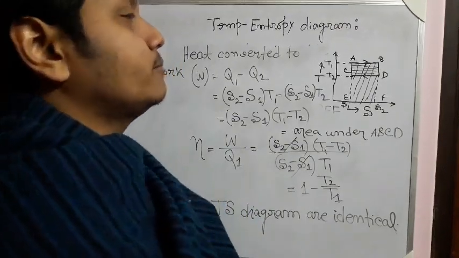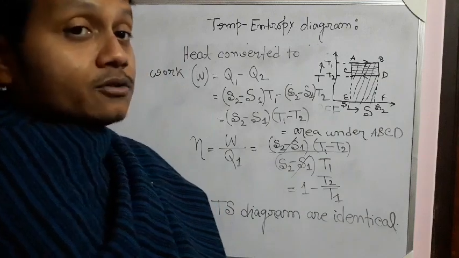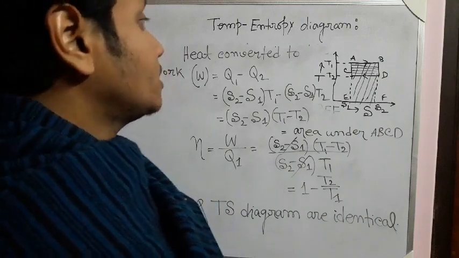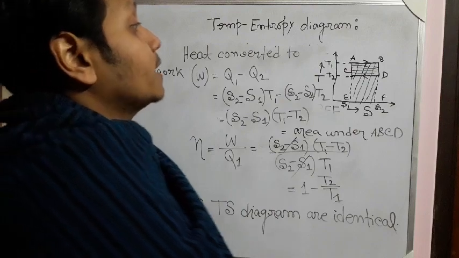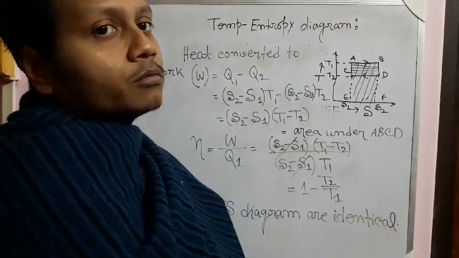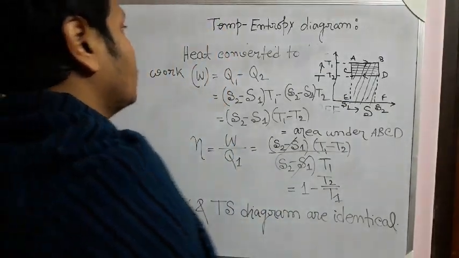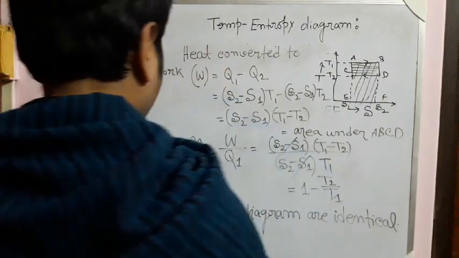Now one question, what is the significance of temperature entropy diagram? That I told, that the area of the Carnot cycle ABCD represents the amount of heat which is converted to work. This is the simple interpretation of temperature entropy diagram.